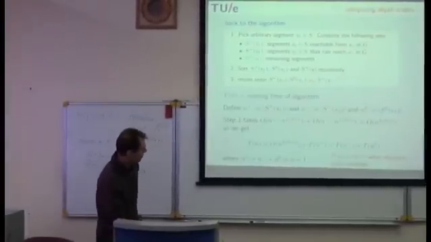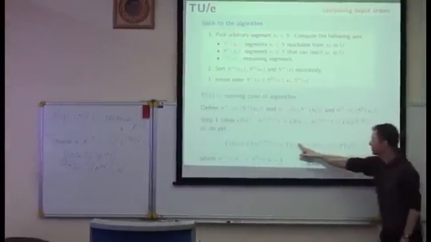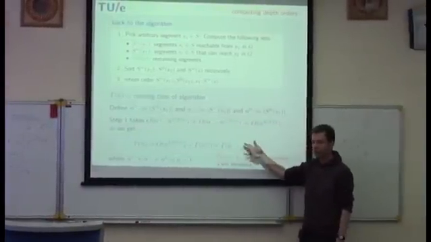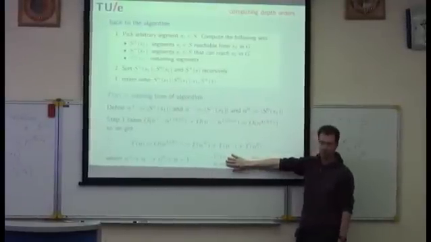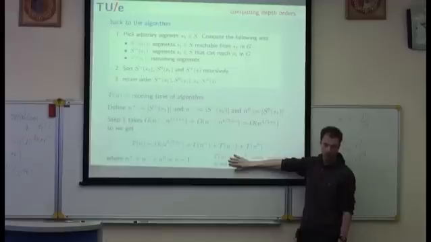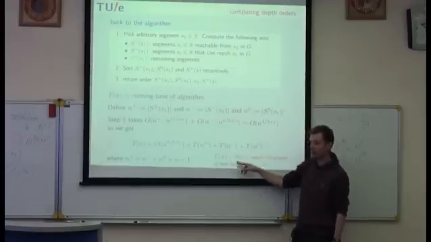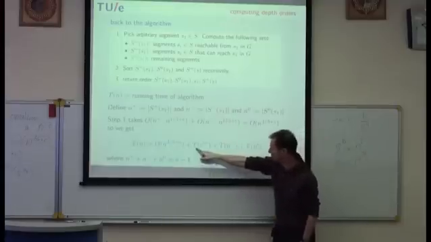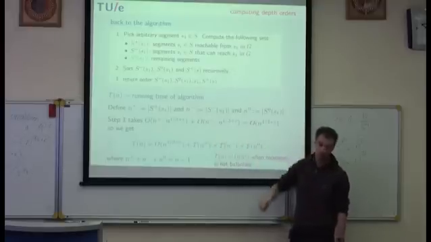If this is nicely balanced, like each of these are n over 3 or something like that, then I would get n to the 4/3. But the problem is, it could be that one of these sets is very large. So let's say this is empty, and here I get n minus 1, and then it's going to be really slow.